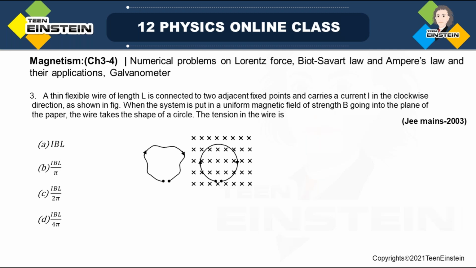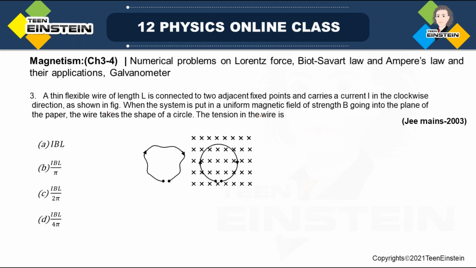So this is another important problem. We will solve it. The question is, a thin flexible wire of length L is connected to two adjacent fixed points and carries a current I in the clockwise direction, as shown in the figure.